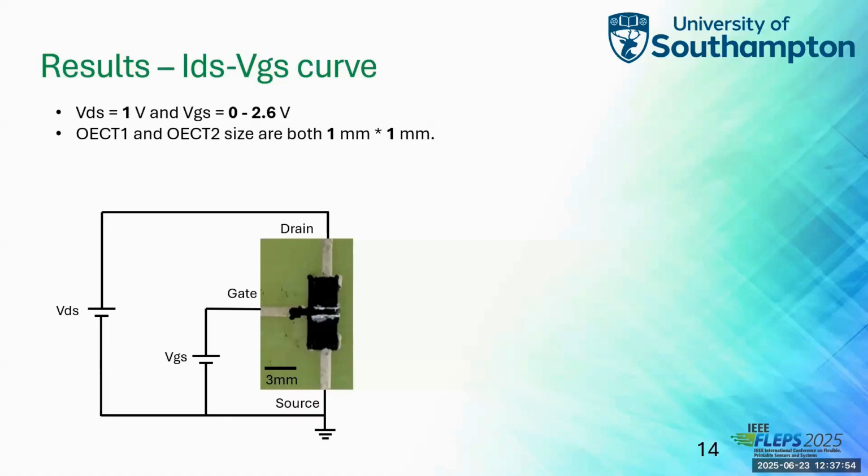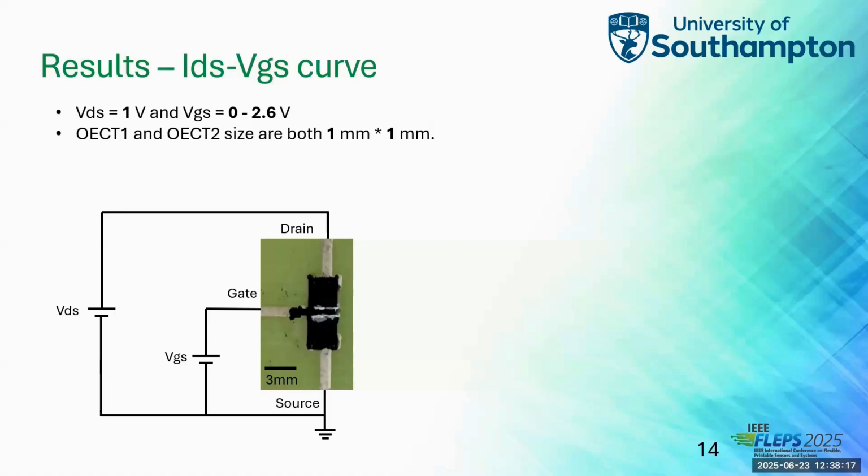So this is the OECT printed on PET film, and the green is because the substrate under the PET film is an FR4 board, which is why it's green. And this is the circuit for testing the OECT.